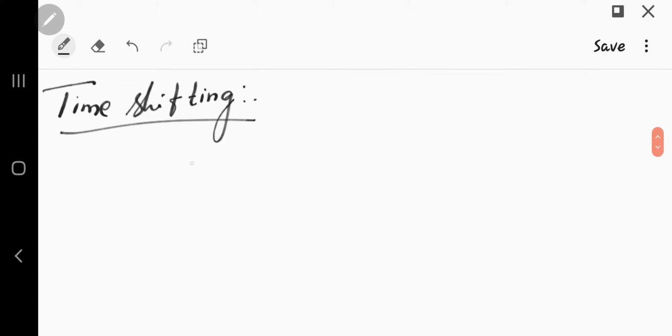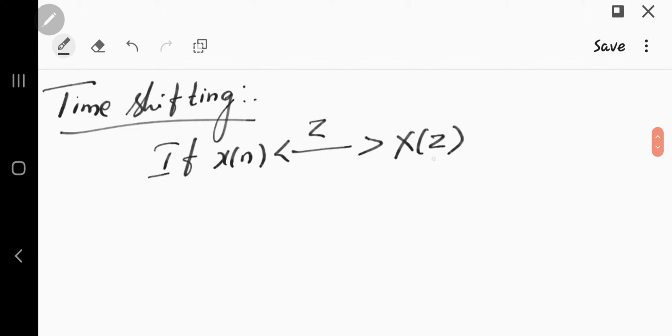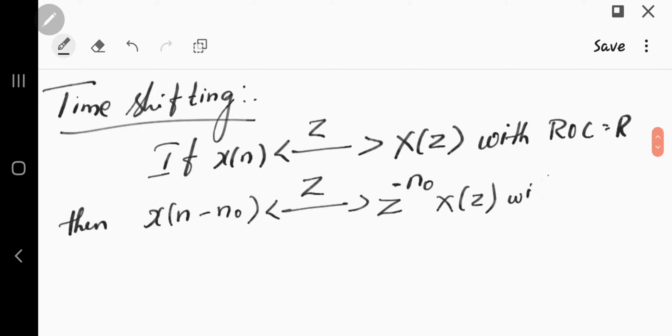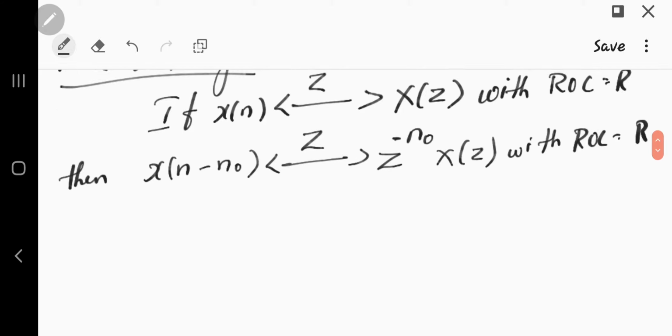It says if x of n gives x of z with ROC, region of convergence, as R, then x of n minus n naught, after performing Z transform, will give z to the power of minus n naught into x of z with ROC as R.